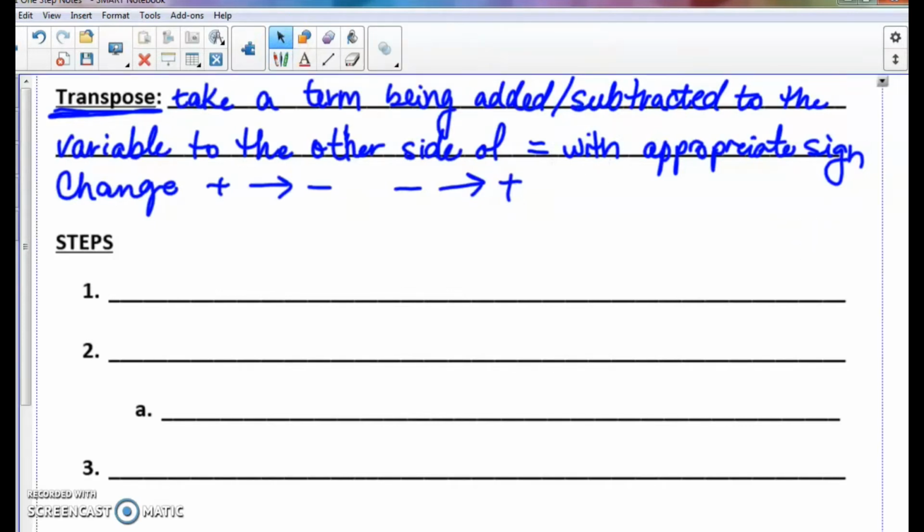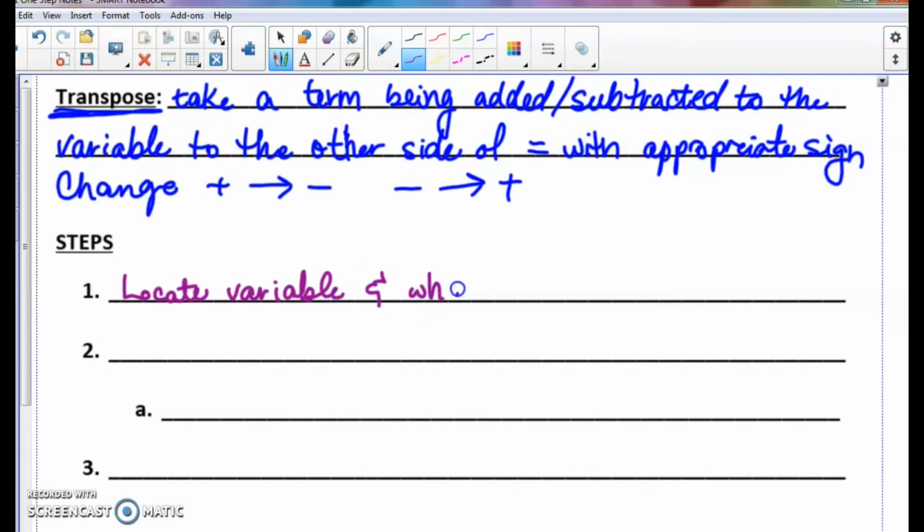Here we go. And now look at our steps. Step 1, locate the variable and what's happening to it. Is it being added? Is it being subtracted?